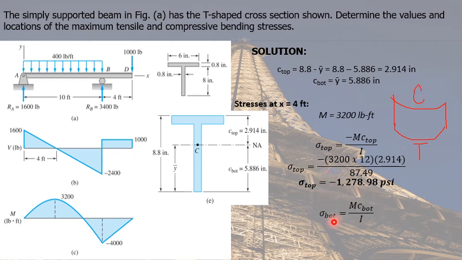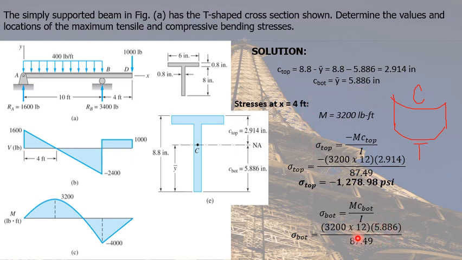Next, we compute the bending stress at the bottom of the beam, which is given by the formula m c bot over I. We simply substitute our values. The only thing that changes here is our C bottom. Our C bottom is 5.886.